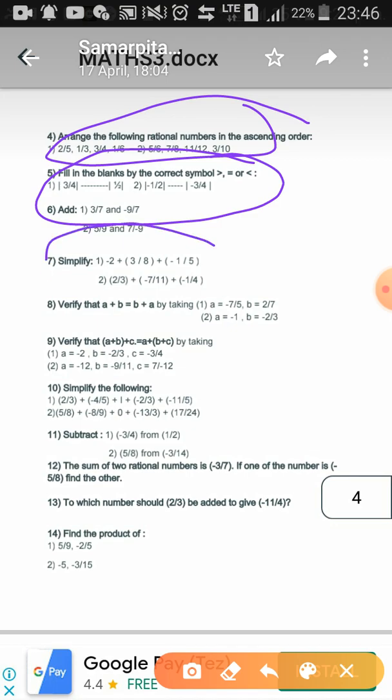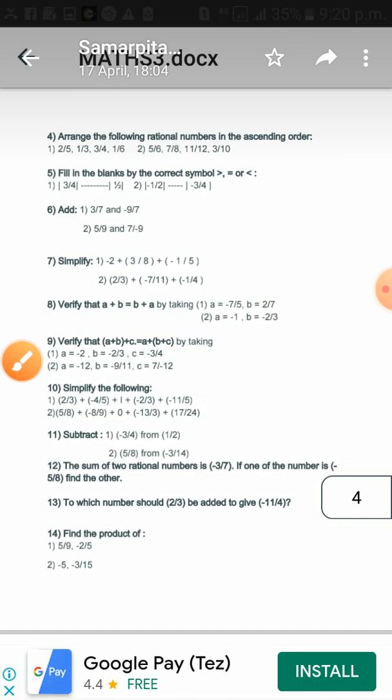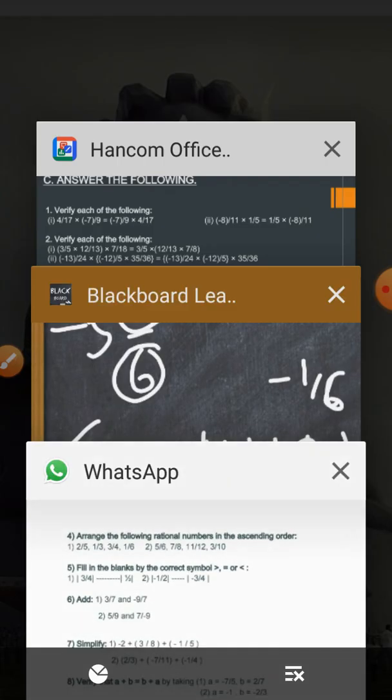After this we will do the simplification. -2 plus 3 by 8 minus 1 by 5. You will be able to do it on your own, but still I'll do it. So I write -2 plus 3 by 8 minus 1 by 5.